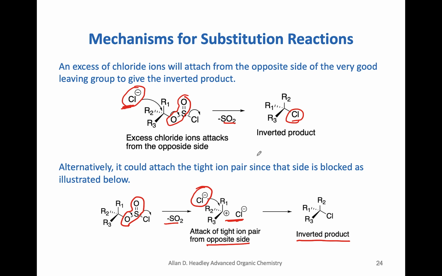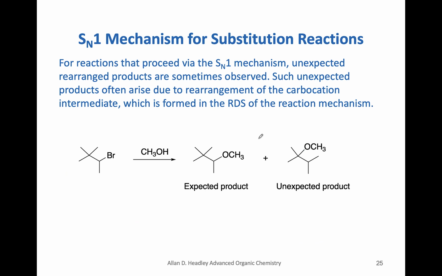Of course, as you have seen from my exams, the typical question is to explain different observations using the information that's presented here in lecture. Just to conclude here, we have seen these type reactions before where we have a bromide or good leaving group connected to a carbon here.